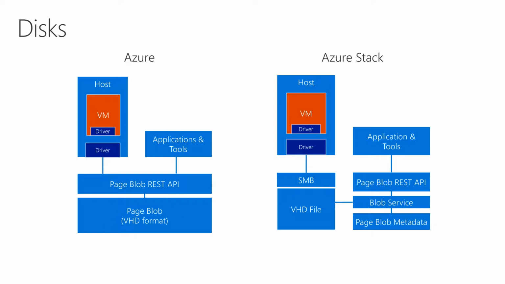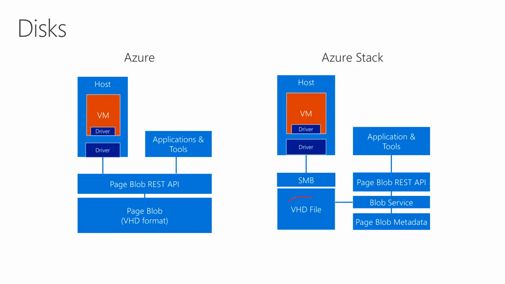On the right side, we can see how it looks in Azure Stack. So again, we have our VM, we have our host, but the difference here is that we are not communicating with the page blob REST API, we're communicating via SMB. So the Hyper-V host, the VM is communicating with its disk using SMB.